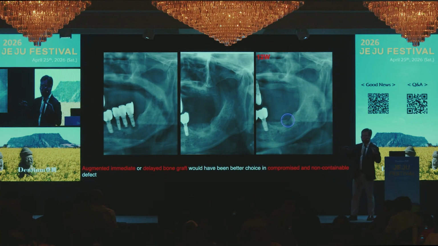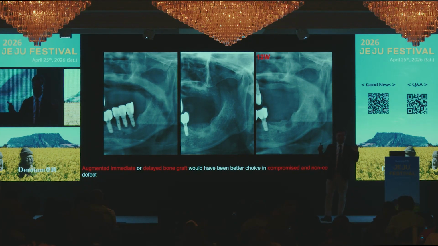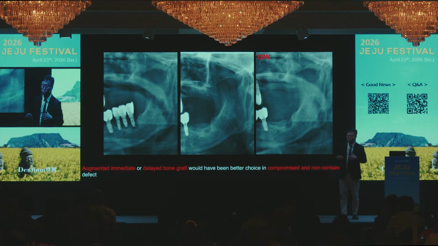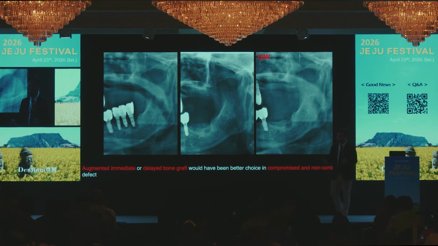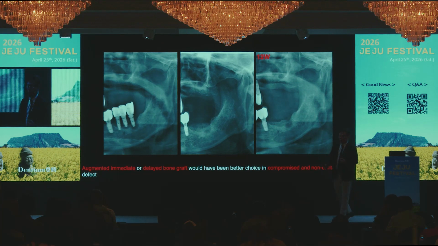We didn't get enough bone for placing the implant because we didn't have any membrane stabilization. So augmented immediate or delayed bone graft would have been a better choice, because this is a too compromised and non-containable defect. In the case of a non-compromised defect, we have to consider some other procedure.